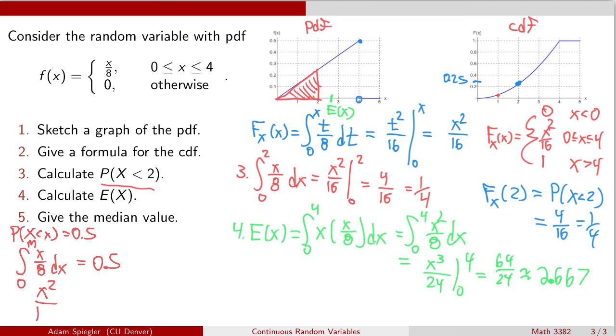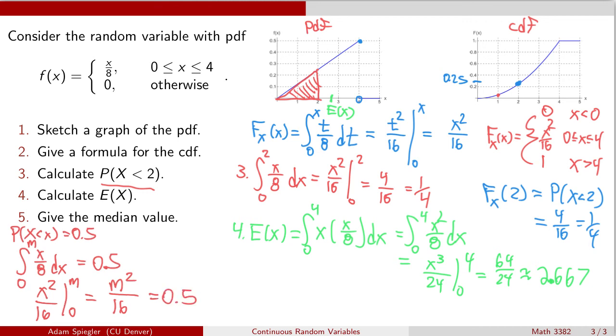So when I integrate that, we get x squared over 16, and we evaluate that from 0 up to whatever the value of the median is. This would give us m squared over 16 should equal 0.5.